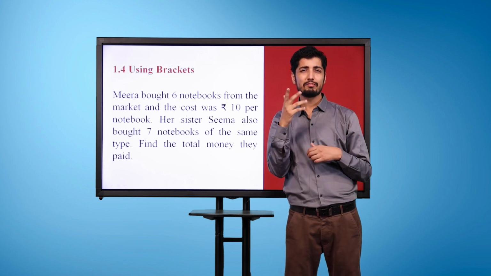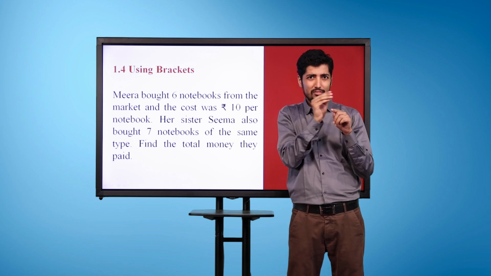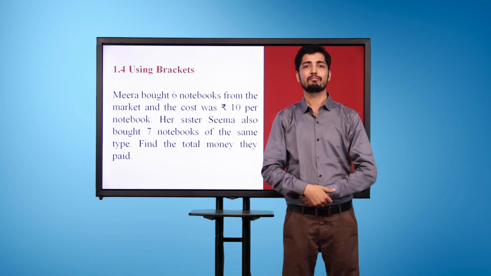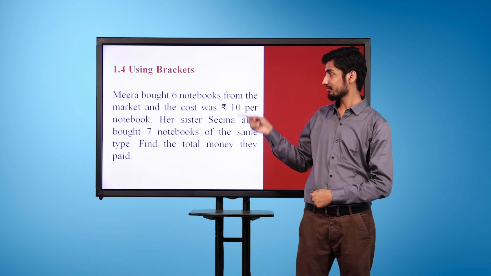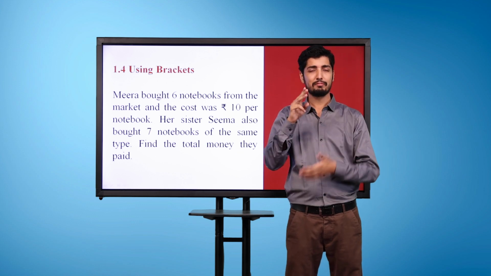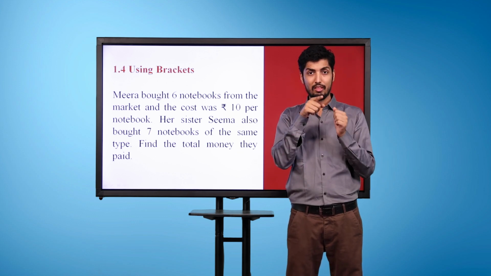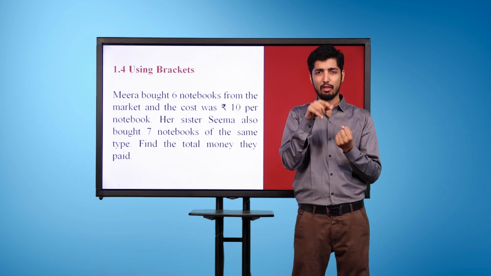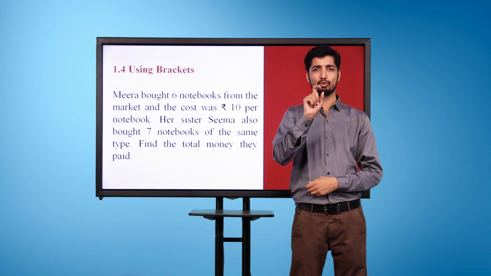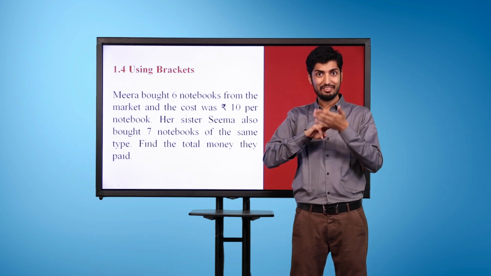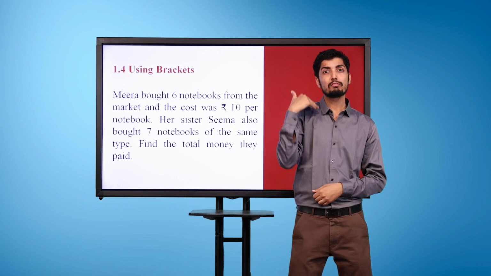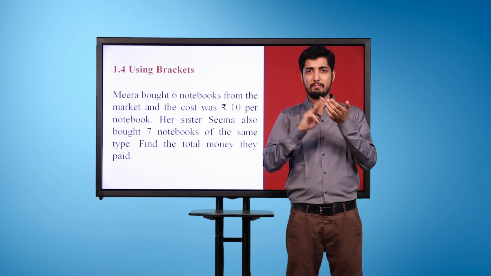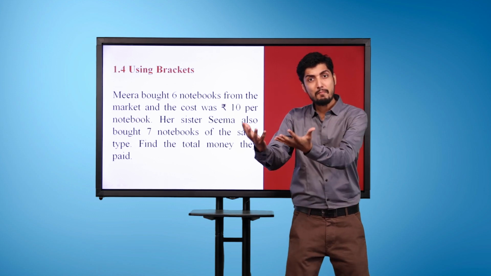(1.4) Using brackets. Meera bought 6 notebooks from the market and the cost was 10 rupees per notebook. Her sister Seema also bought 7 notebooks of the same type. Find the total money they paid.